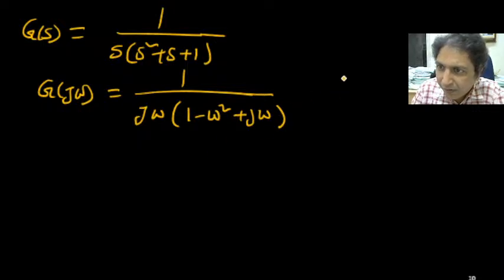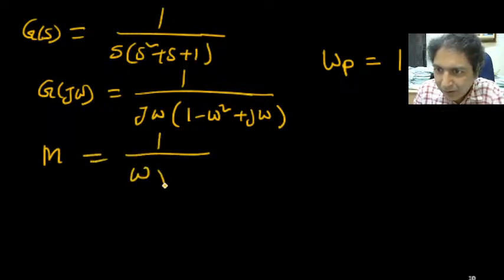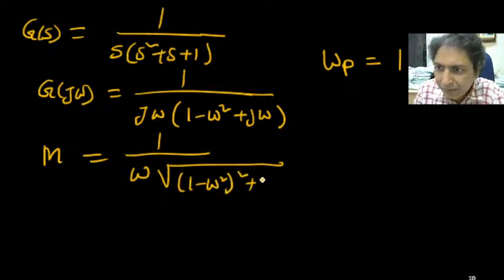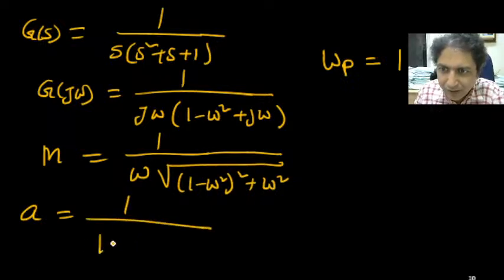The phase crossover frequency I have got is 1 radian per second. So what is the magnitude at that time? The magnitude is 1 upon omega times the square root of real part square plus imaginary part square. Now A is the magnitude at this phase crossover frequency 1, so I will put omega equal to 1 here. So this is 0 and this is 1.